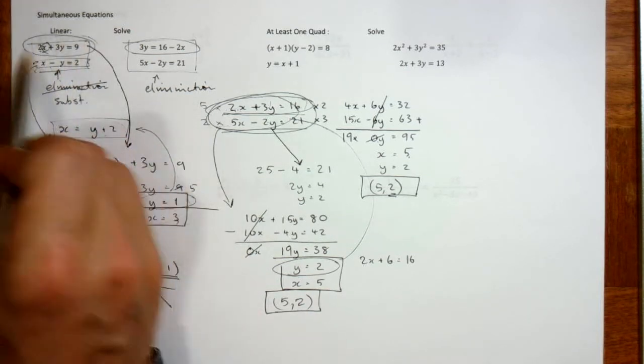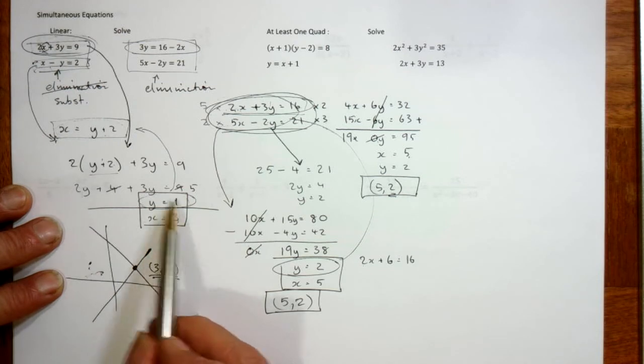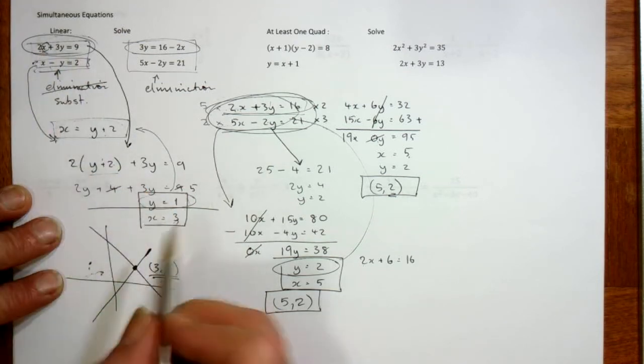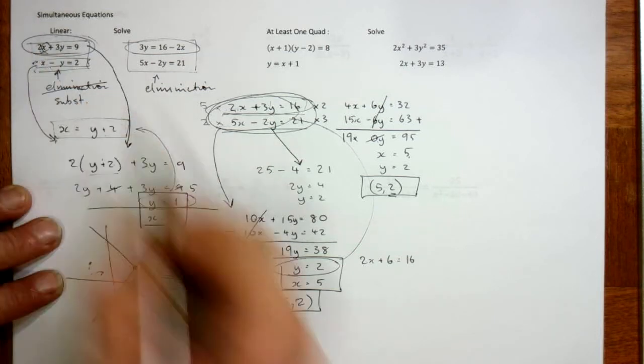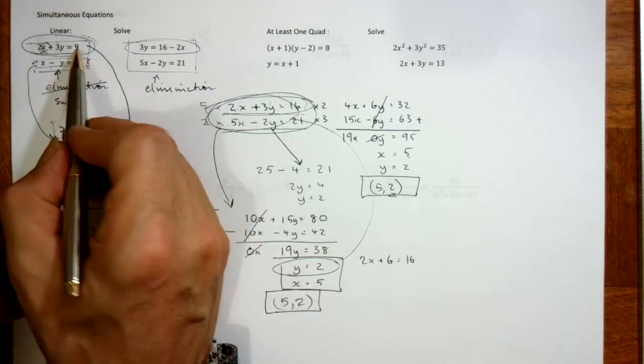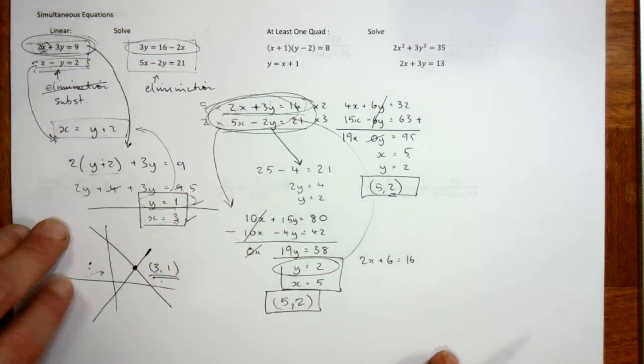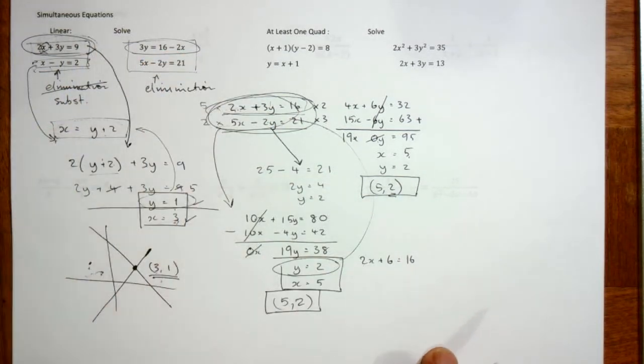So in the other equation, we're going to sub x is 3, y is 1, to make sure that we get 9. 2 3s are 6, 3 1s are 3, 6 add 3 is 9. It works, they're correct. And you'll see in the answer videos that I make a big point of doing the checks, and you should make sure that you do checks.